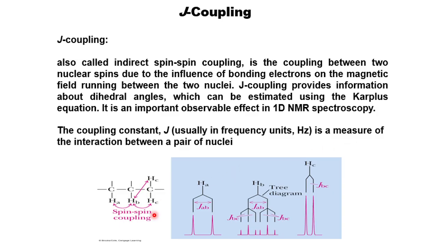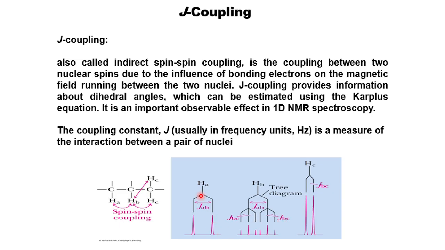Now, how is it represented? For example, let's take this example. So, this shows 3 carbons, and this is HA, this is HB, this is HC. So, here 2 HC. Now, if you do the NMR study of this sample, what will you get?